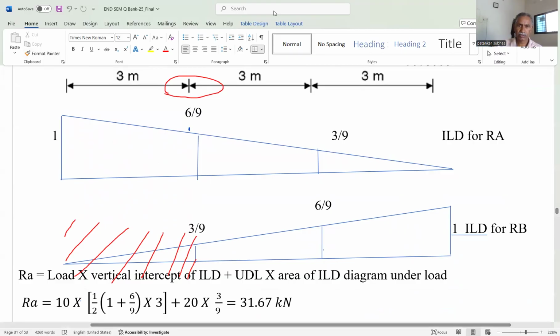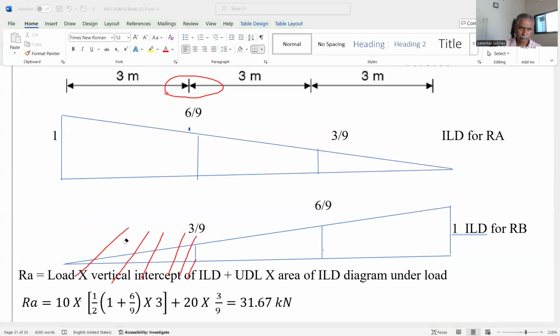Here also we have considered the distance. This length is equal to 3 meter, and the total length of the big triangle is 9 meter. That means total span is 9 meter. That's why this is 3 by 9, this is 6 by 9, because this distance is 6 and total distance is 9, and this is 9 by 9, that is 1. This is the ILD for RB.